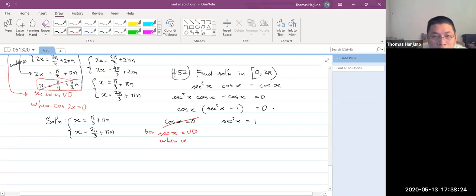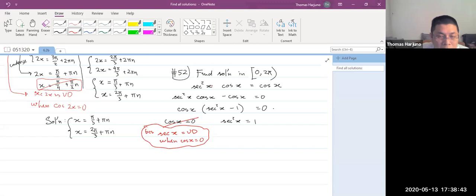I cancel it because I have secant in my original equation, but dividing by cosine x earlier is not a correct step.